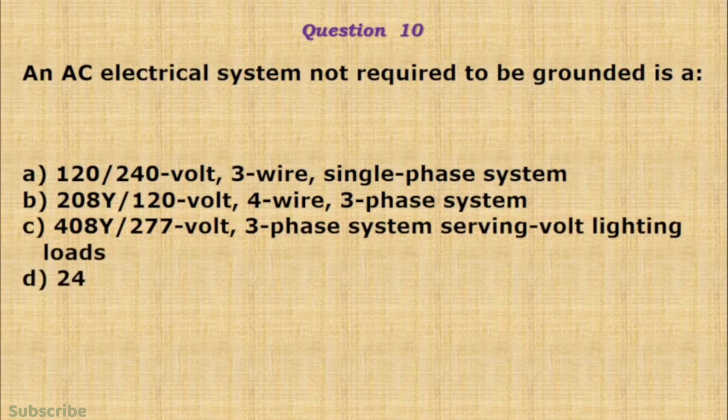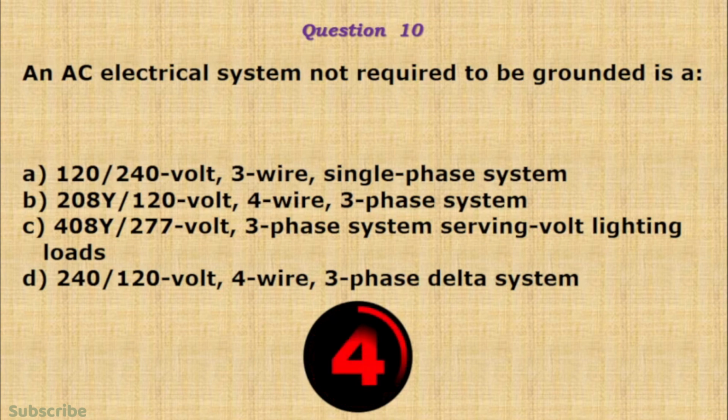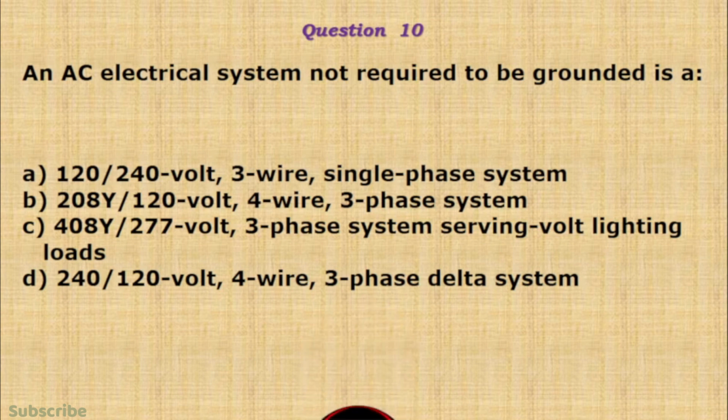D. 240/120 volt, 4-wire, 3-phase delta system. The correct answer is letter D, 240/120 volt, 4-wire, 3-phase delta system.